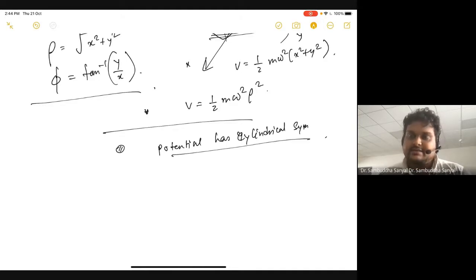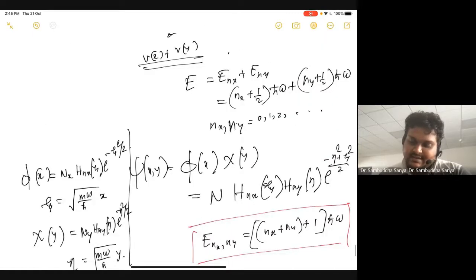But if you notice the way you have written your psi 1 0, the states don't, right? Because when you have written the states in the Cartesian form, the cylindrical symmetry is not manifested.